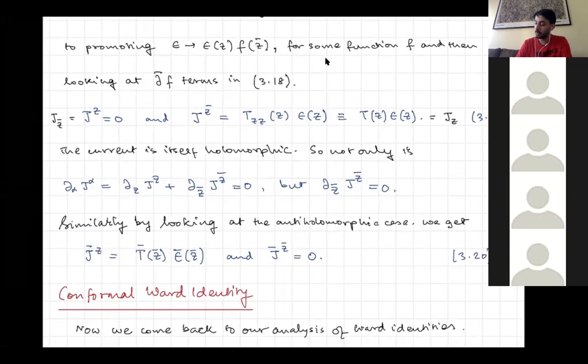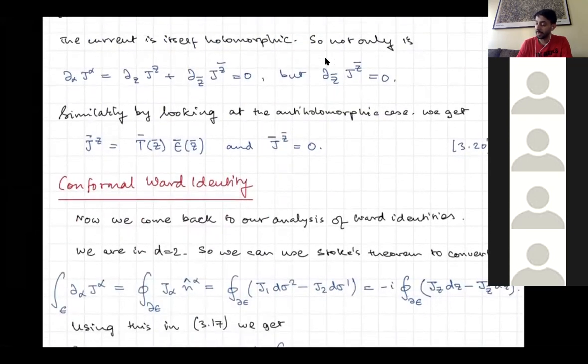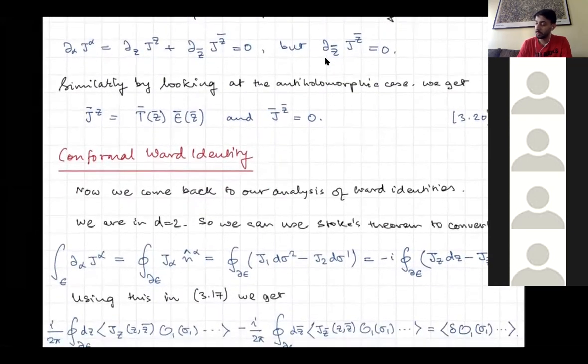Once we did this, we plugged it back into our Ward identity, and because we are in 2 dimensions, we could write this del alpha of j alpha in a form like this. This should be familiar from complex analysis, and if it's not entirely obvious, just sit down and do it.